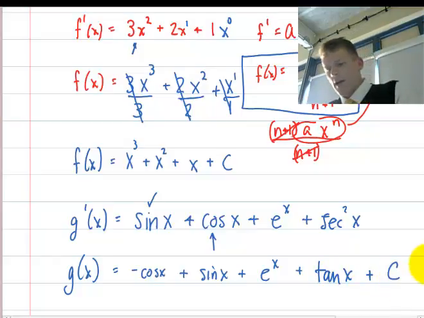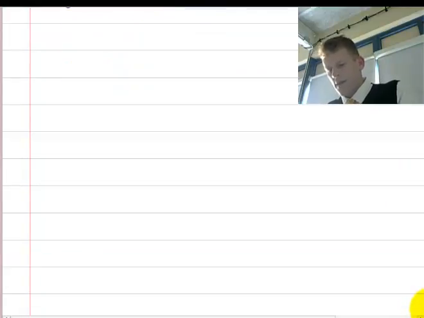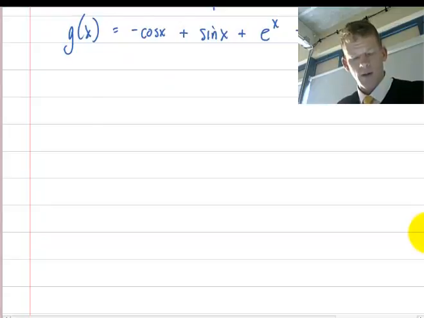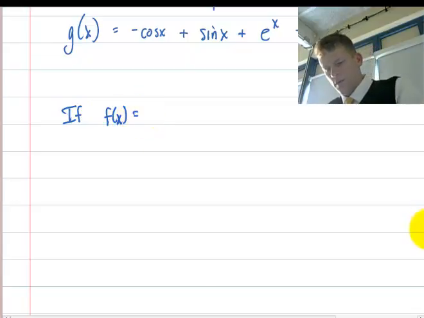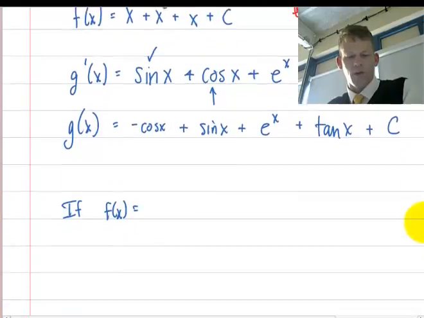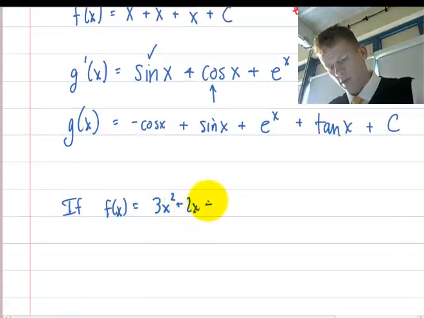So now, I also had a problem. Sometimes we're asked to find the specific antiderivative or solve for the constant. So they might say, if f of x is equal to, I'm going to use the problem from before, 3x squared plus 2x plus 1.